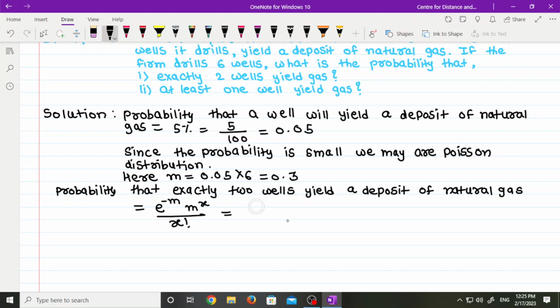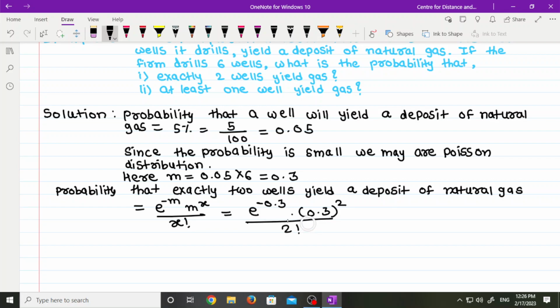Here x is equal to 2. Put the values m equal to 0.3 and x equal to 2 in this equation. So, we get e raised to minus 0.3 into 0.3 raised to 2 divided by 2 factorial.